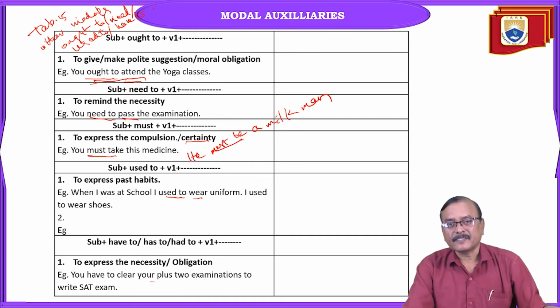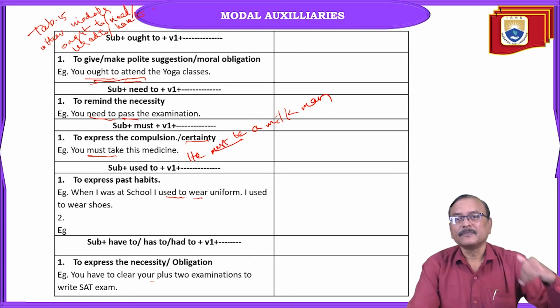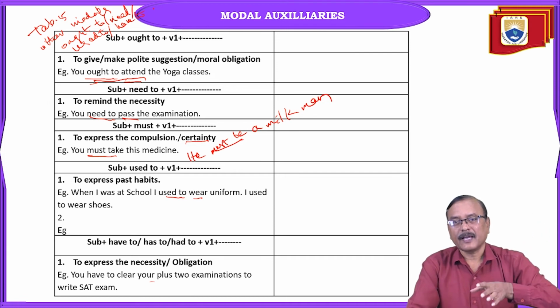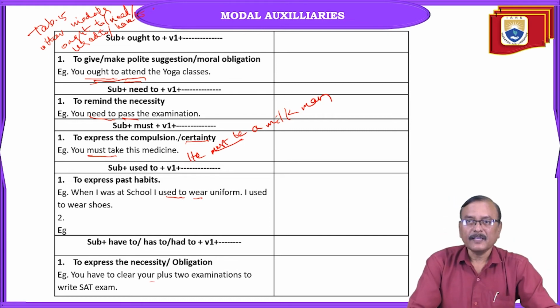You must means there is no other way. You have to means there is a need. You need to fill, you need to clear. So have to, has to, need to indicate more necessity.